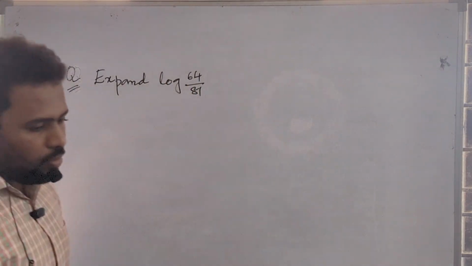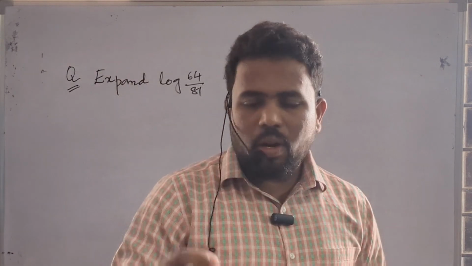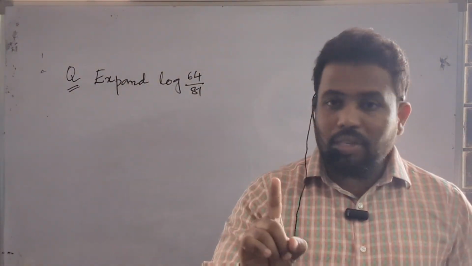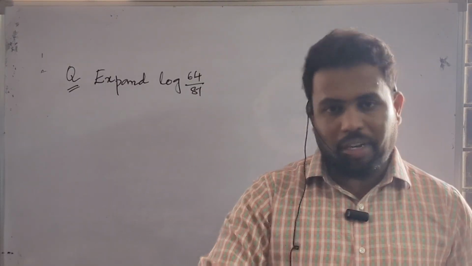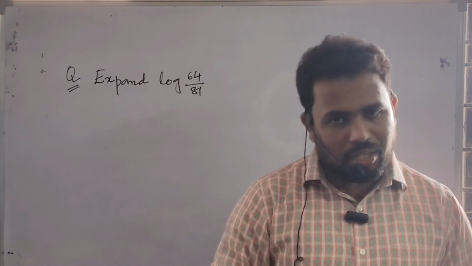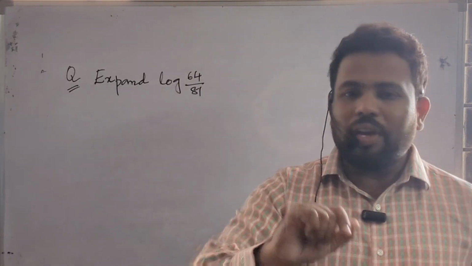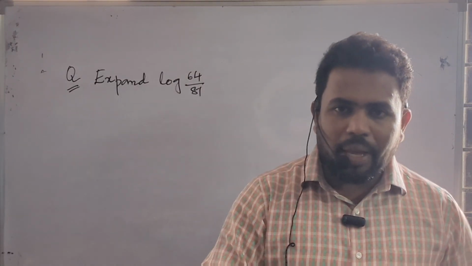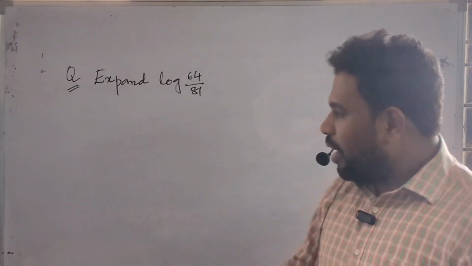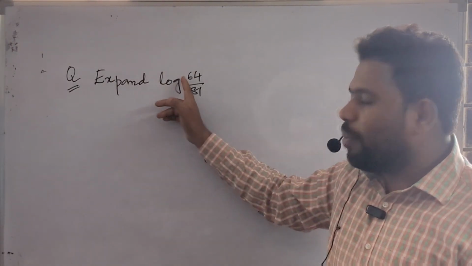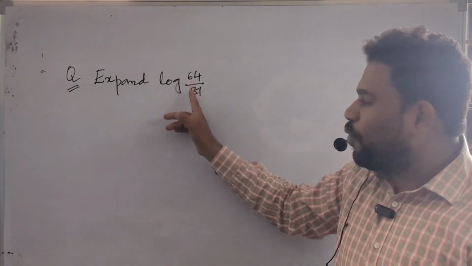Okay, see, just now I explained the 5 rules of logarithm. Rule number 1 was the product rule, the multiplication rule. Rule number 2 was the quotient rule. So whenever an expansion question is asked in the exam, either rule number 1 or rule number 2 can be applied, based on the question. Here, if you look at the question carefully, the log is in the form of division, log 64 by 81.